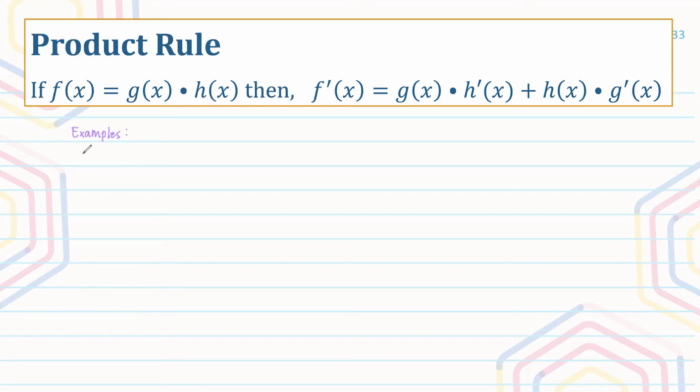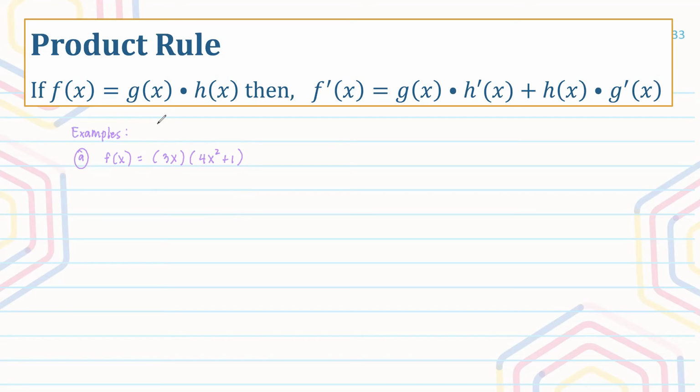First, let's have f of x is equal to 3x times 4x squared plus 1. How do we get the derivative of this function?